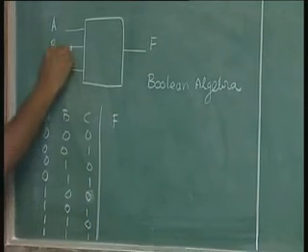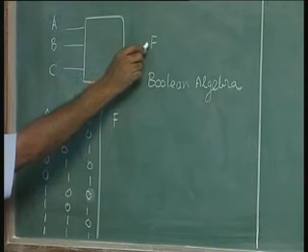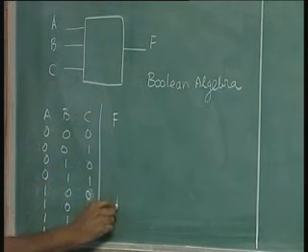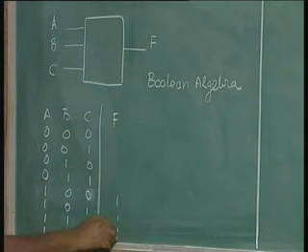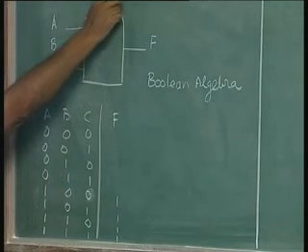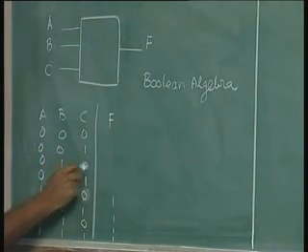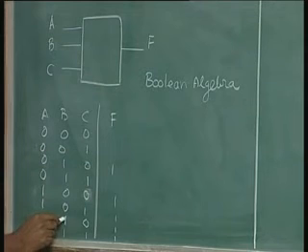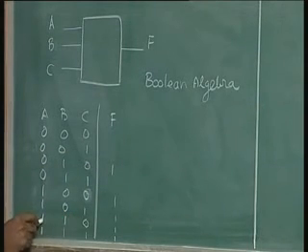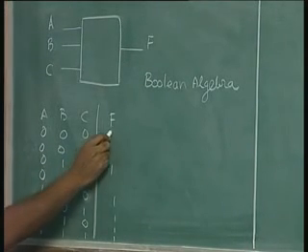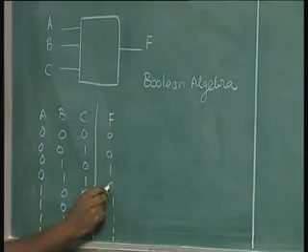And for these combinations, the output is true. That means if A is true, the output is true. Or if B is true and C not true. B is true, C not true, but that is already covered because A is 1. For the rest of the combinations, the output is 0.